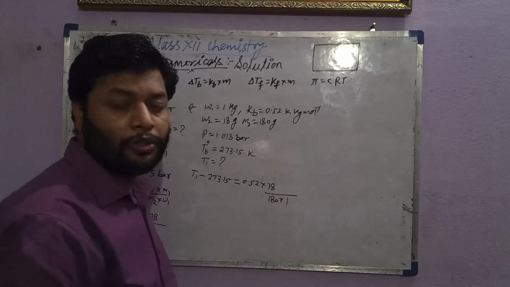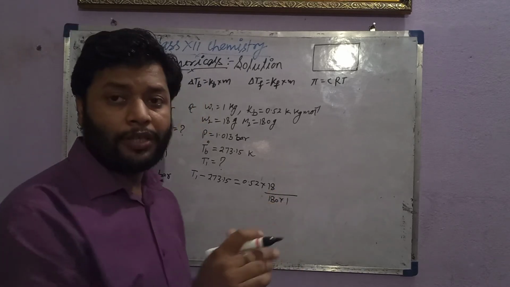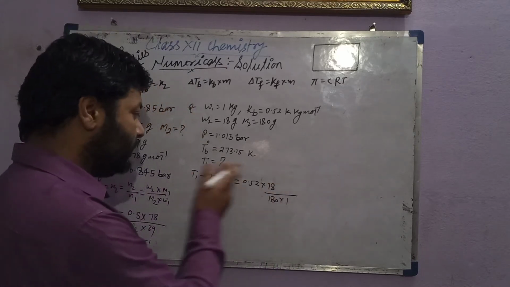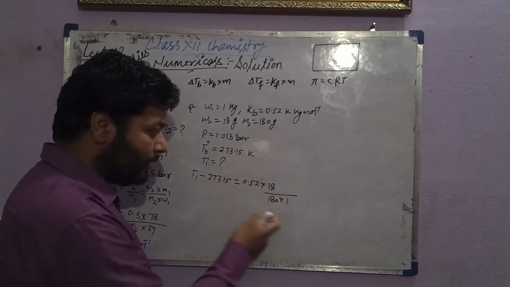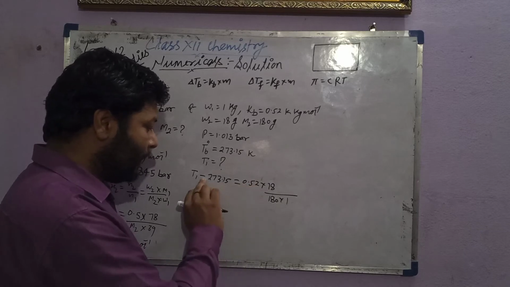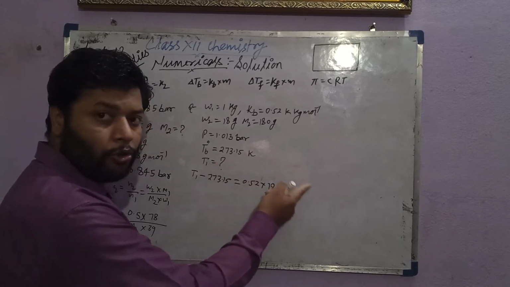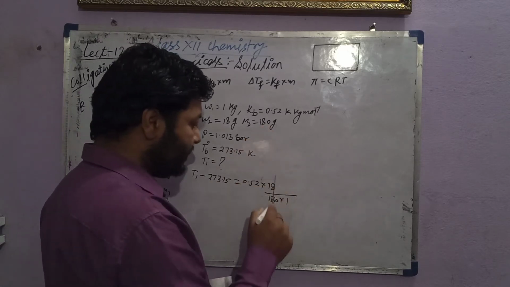You can just put the 1 only, because we use the 1000 to convert the gram into kilogram. So this is all about the T1 value. First you have to solve this value. Then we will add the 273.15, because this will go to that side, then there will be plus. Okay, so 18 tenja.